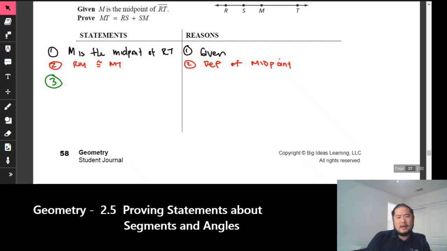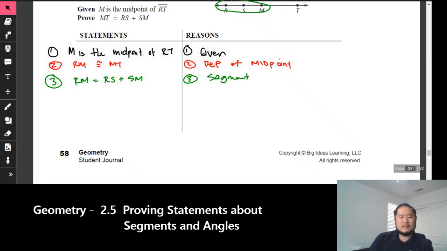With these three, I can somehow come up with a statement. The statement is going to be RM is equal to RS plus SM. Right? Why?